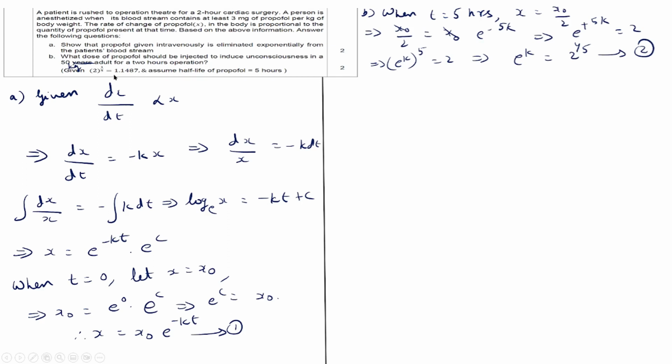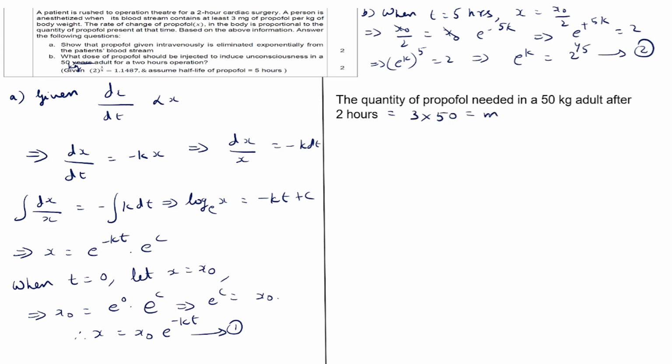Here we have to find the amount of the drug which should be injected to induce unconsciousness in a 50 kg adult. The important information given is there should be at least 3 mg of propofol per kg of body weight. So for a 50 kg adult, at the end of 2 hours, the adult should have at least 3 into 50 mg of the drug.